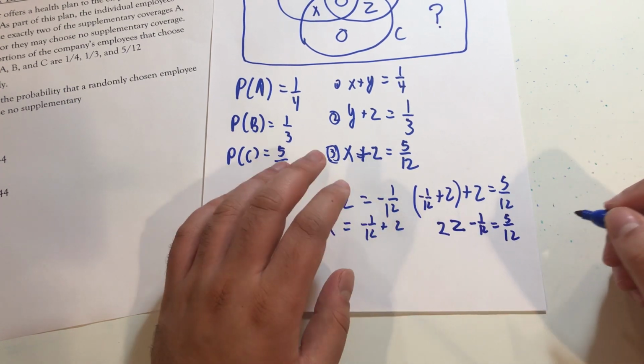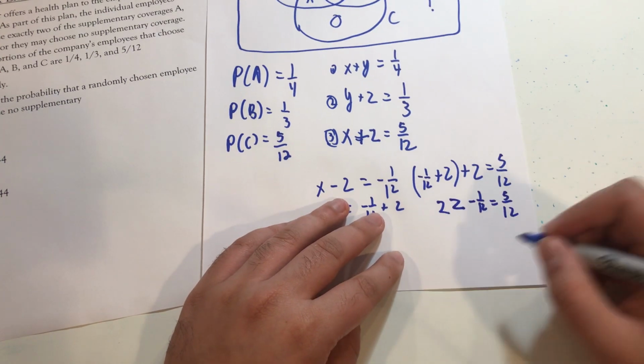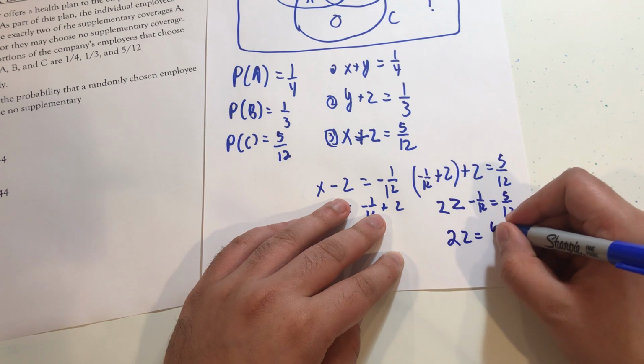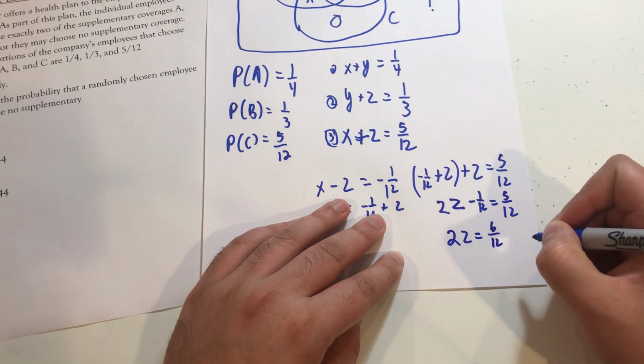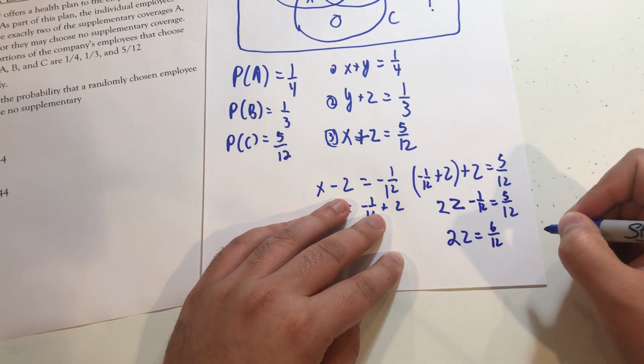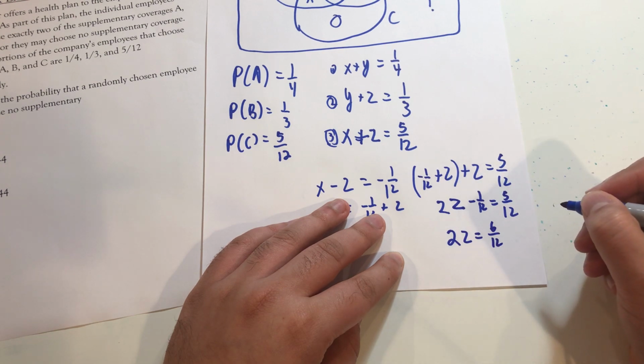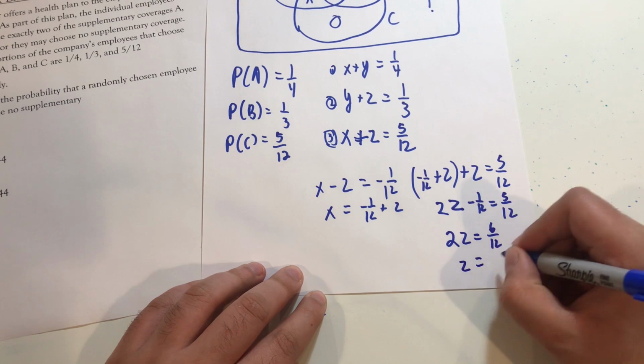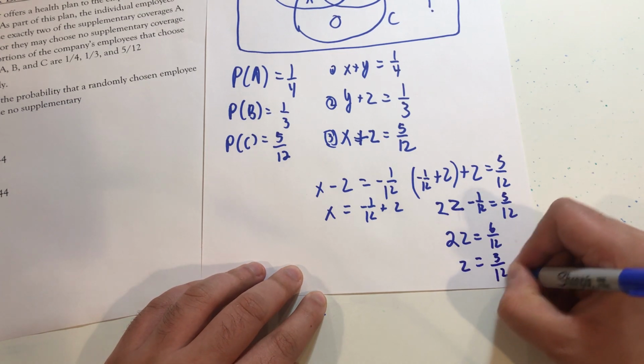Then I add the 1/12 to both sides. I get 2z is equal to 6/12. And then I divide by 2 on both sides, which gets me z to be 3/12.